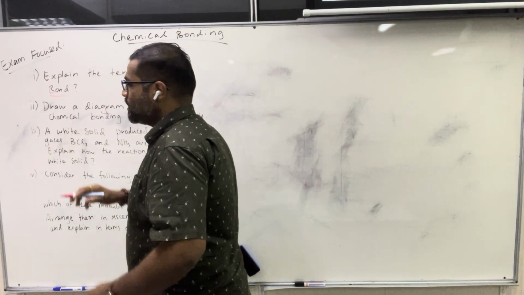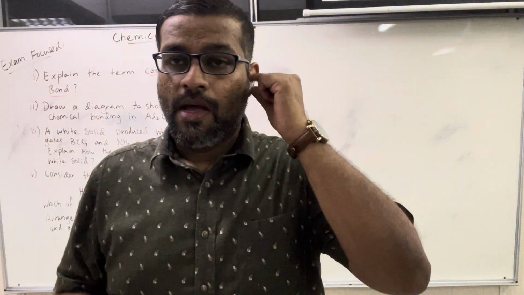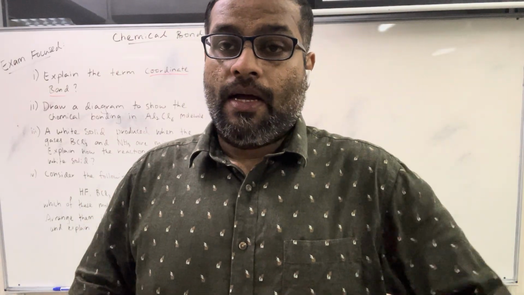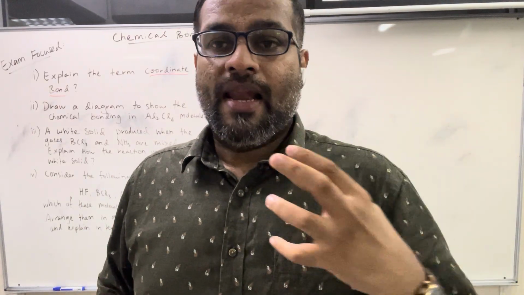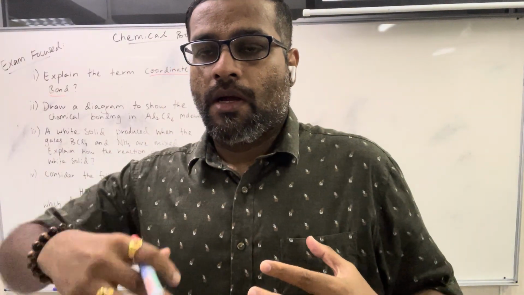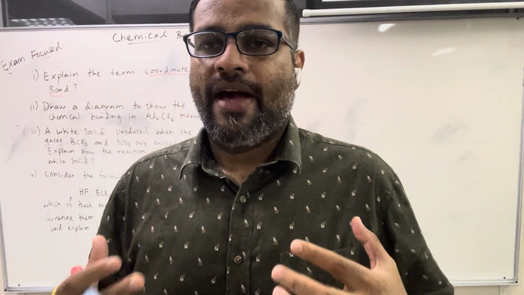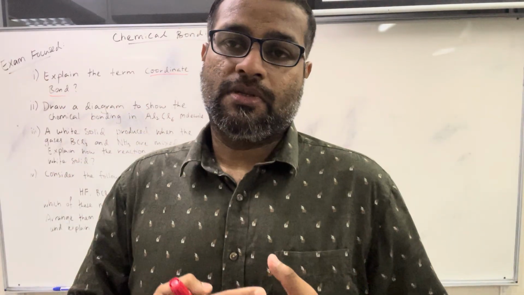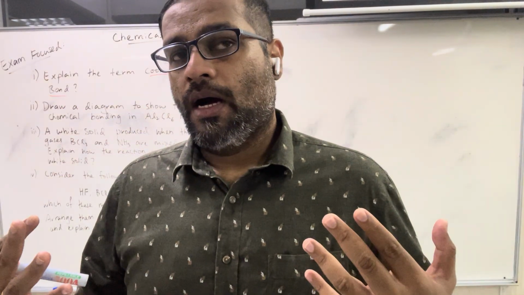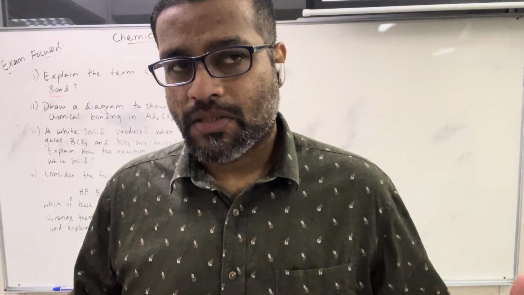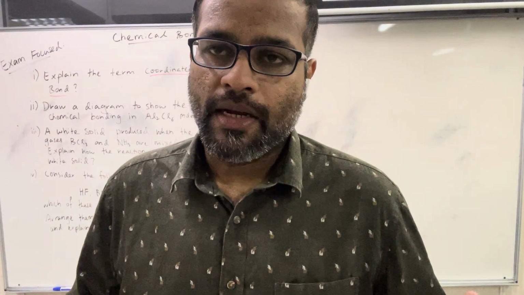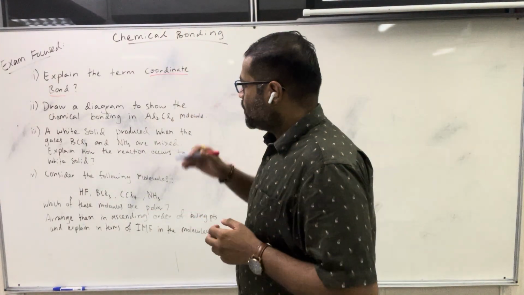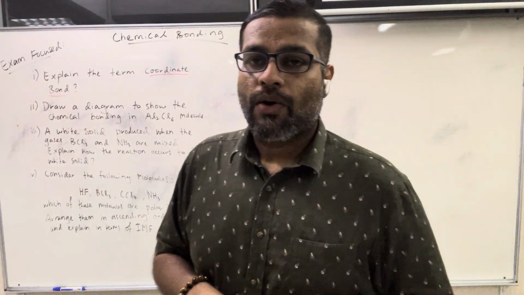When we talk about coordinate bond, we have to understand that it is a type of covalent bond. In reality, we know that a covalent bond is a sharing of a pair of electrons between two atoms, so both atoms contribute to the electron sharing. But when it comes to the coordinate bond or dative bond, they do not.